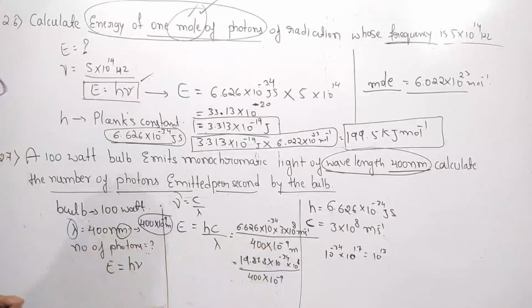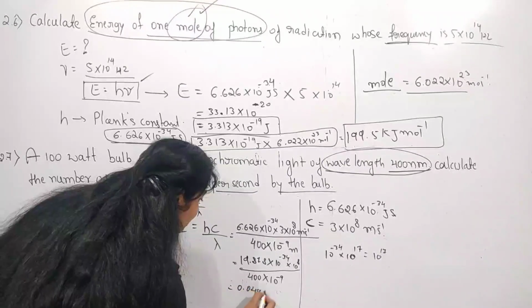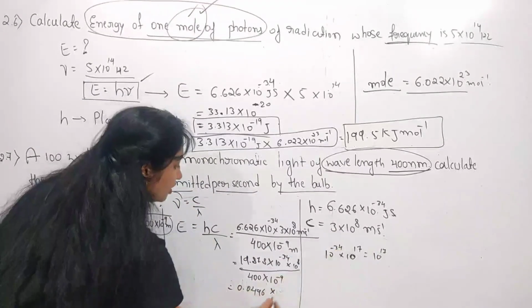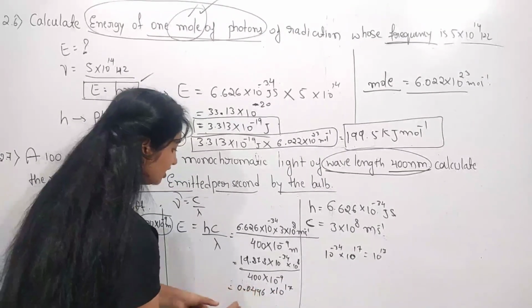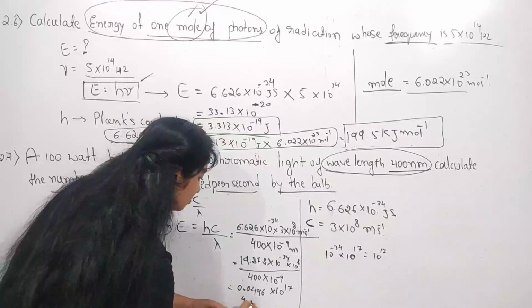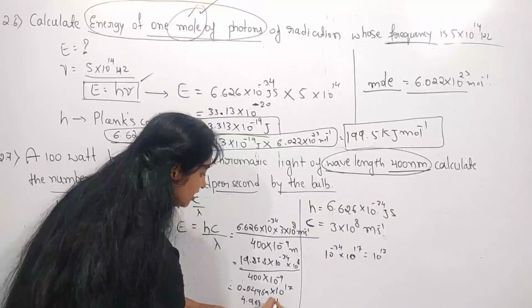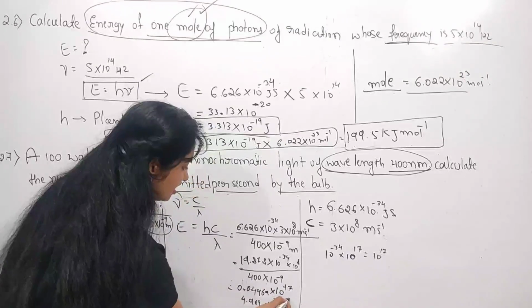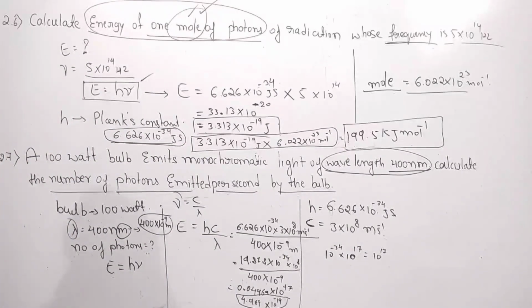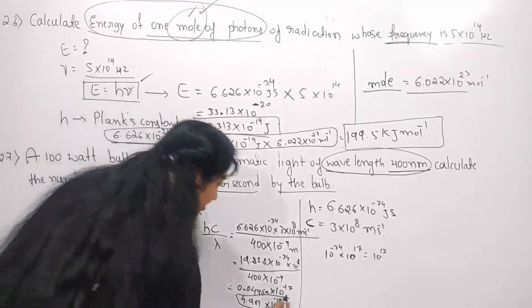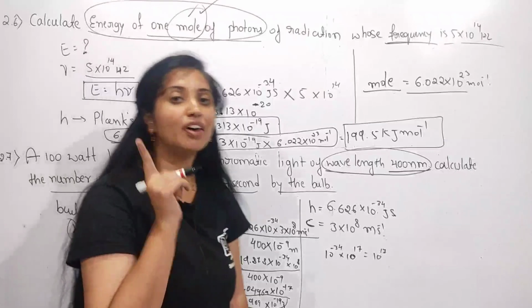Then 19.878 divided by 400 is 0.0496 into 10 raised to minus 17. So I put the decimal point after the first digit, then 4.969 into 10 raised to minus 19 joule. So this much energy is provided by one photon.